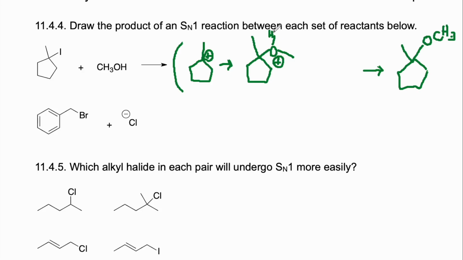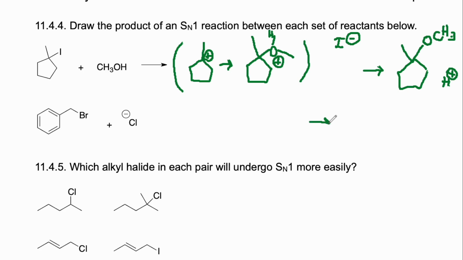And then if this proton leaves and falls off, then we can eventually have just a regular ether. I'll draw the proton over here on the side. It has fallen off. So that is our final product, this methyl ether. The iodide is also hanging around here as well. I'll just draw it off to the side here.